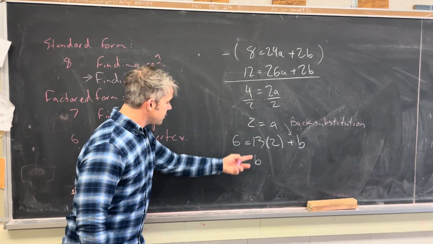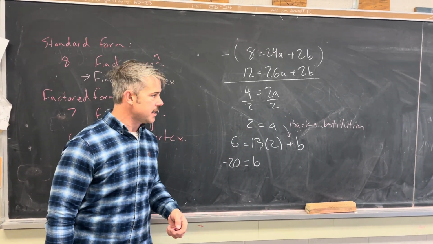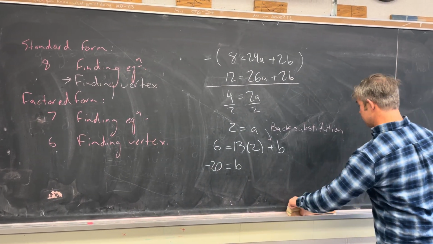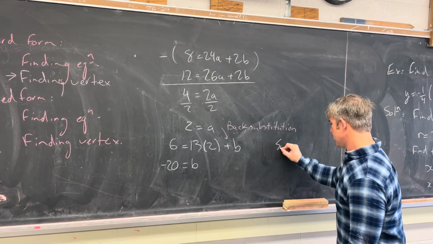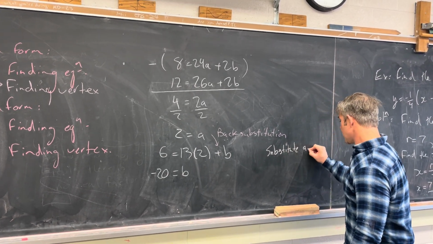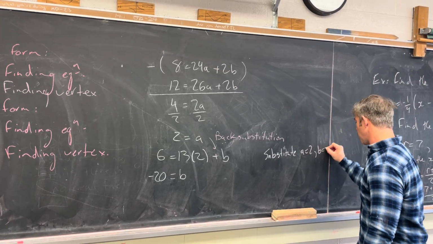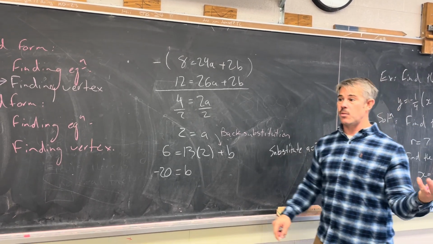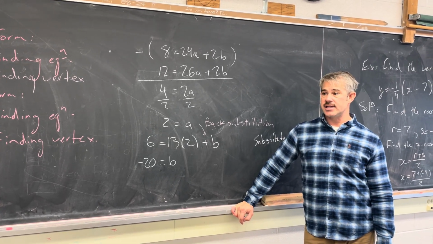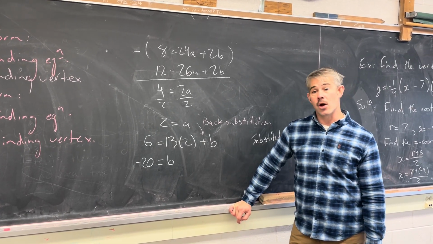And I now know a is equal to 2, b is equal to negative 20, and I'm one step away from getting my value of c. I'm now going to substitute both of those values, a equals 2, b equals negative 20, into either equation 1, 2, or 3. And I feel like equation 3 had lower numbers.